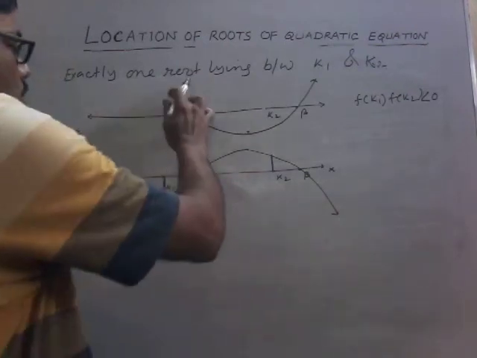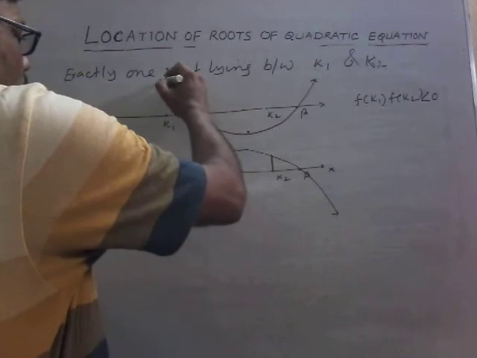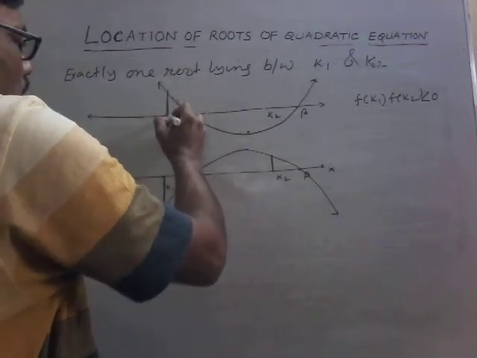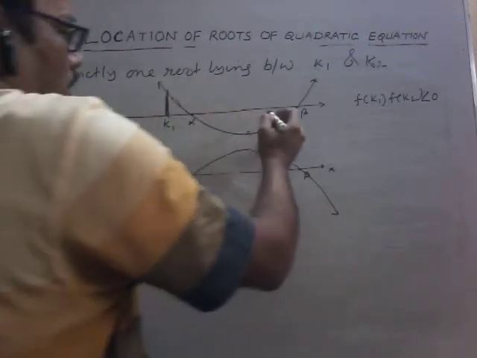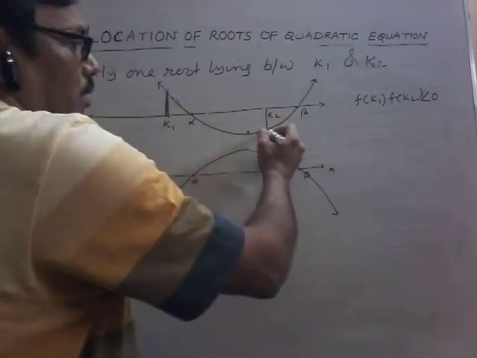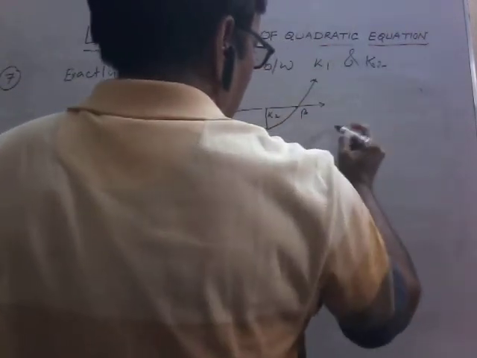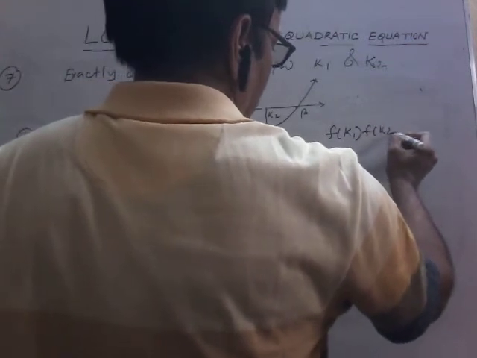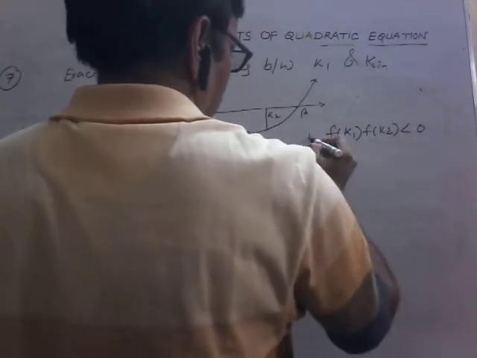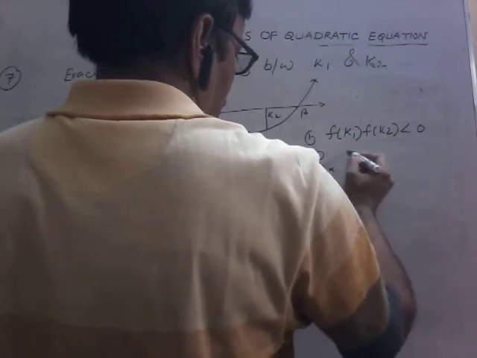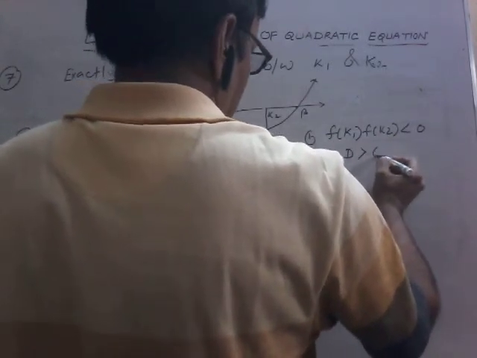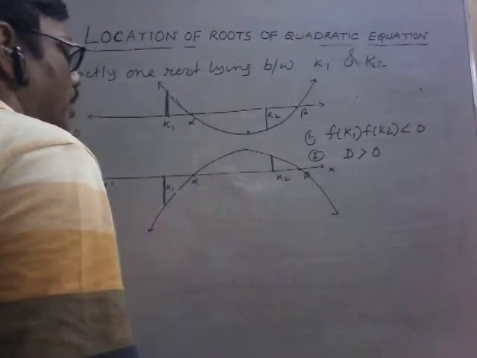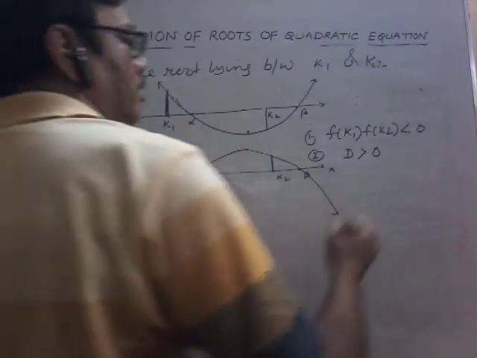And look at this figure also. If we extend it, f(K1) is positive and f(K2) is negative. So you are getting the same condition. f(K1) into f(K2) less than 0. And number 2, D greater than 0.